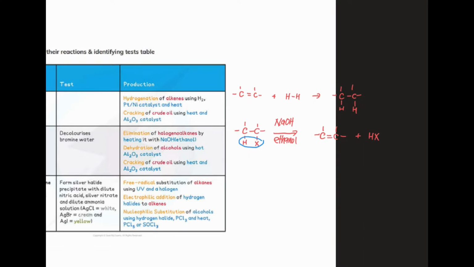Besides that, we have the second way for the production of alkene: dehydration of alcohol. Let's take a quick look. You have C, C, H, and OH. This is an alcohol.